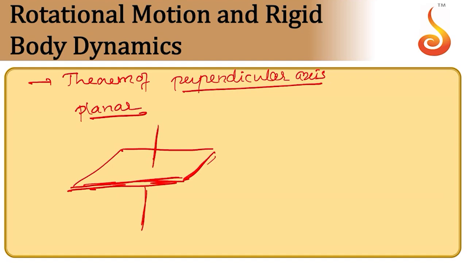The moment of inertia about this axis, the axis which is perpendicular, is equal to the sum of the moment of inertia about the other two perpendicular axes passing through the same point. If I call this the x axis, this the y axis, this becomes the z axis, then Iz is equal to Ix plus Iy.